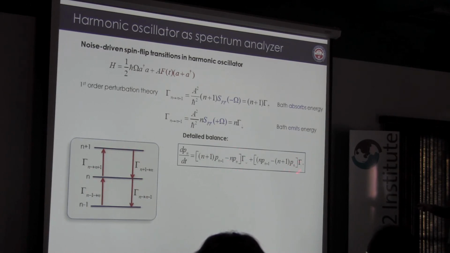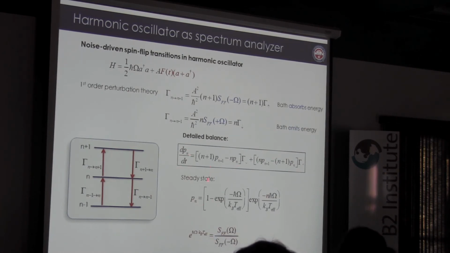That's those and those. So it looks intimidating, but it's actually pretty straightforward. And so we can just derive a steady state. If I look at dp/dt equals 0 for all p, what I get is a thermal equilibrium, exactly as expected.